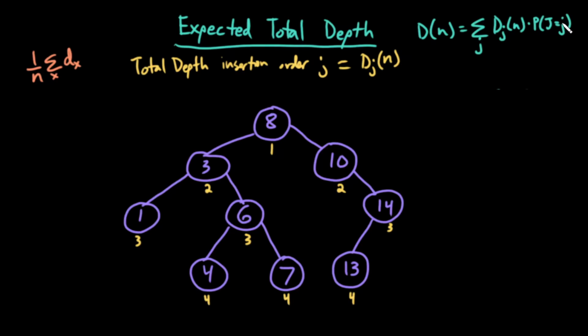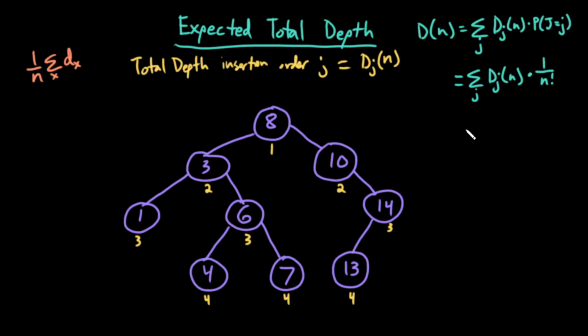So it's the total depth of insertion order j times the probability that I inserted my elements in insertion order j. But remember, my second assumption was that all insertion orders are equally likely. Therefore, the probability that I specifically saw insertion order little j is just 1 over n factorial. There's n factorial possible insertion orders. They're all equally likely. So the probability of this specific one is 1 over n factorial. So this becomes the sum over all possible insertion orders j of the total depth of insertion order j times 1 over n factorial.